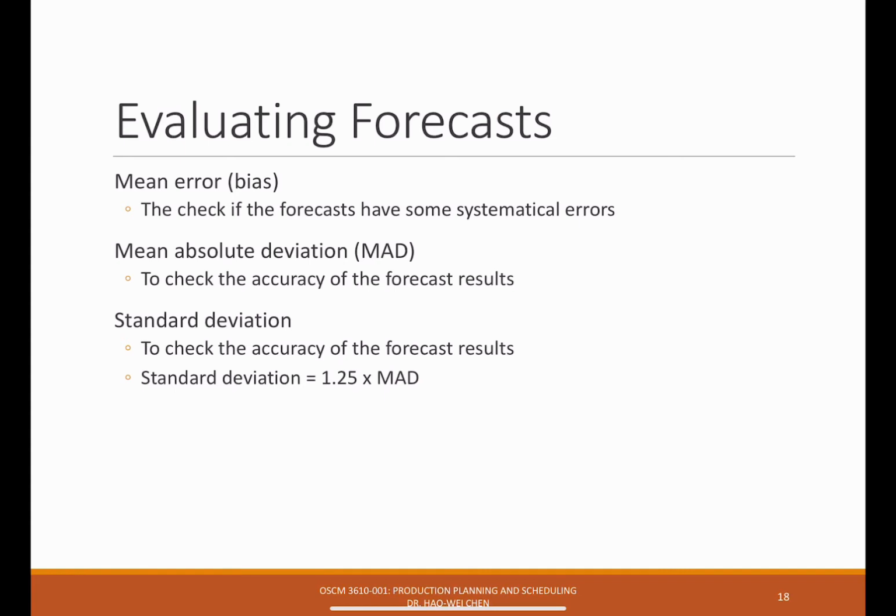And we can also calculate something called mean absolute deviation, or MAD. This is just to check the accuracy of the forecast result. And we can also convert the MAD to the standard deviation. To do that, you just approximate the standard deviation by multiplying 1.25 by your mean absolute deviation.